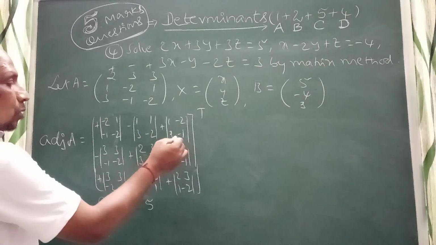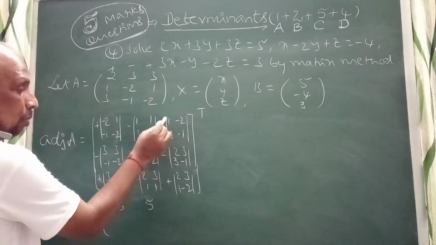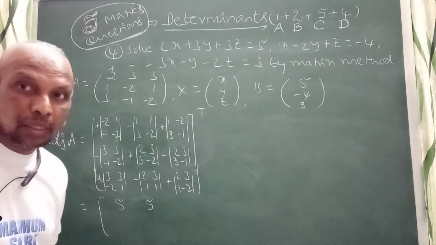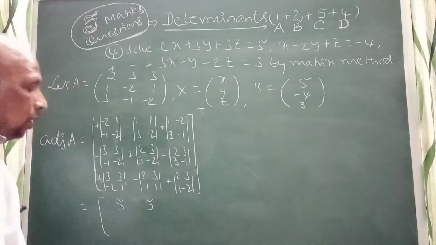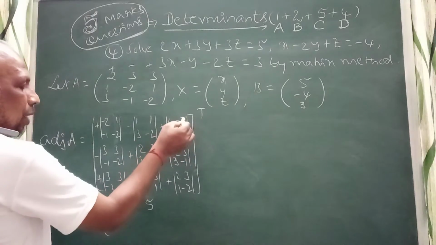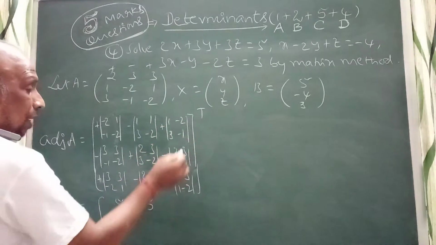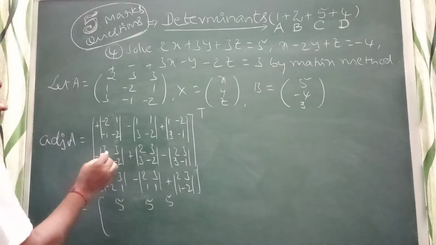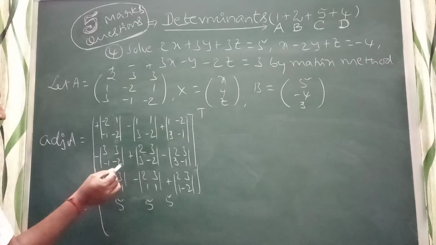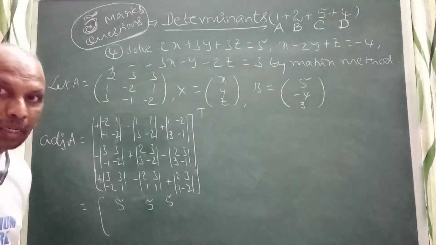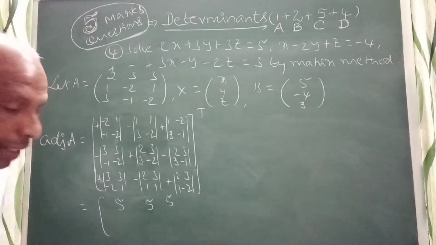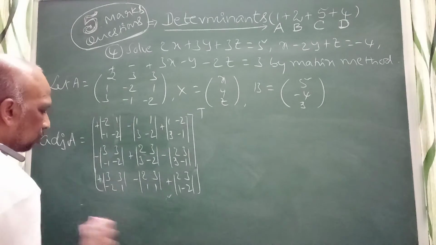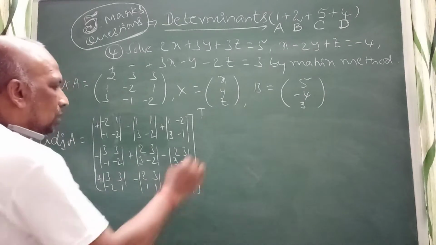This one, minus 1 plus 6, you get 5. This one again, minus of this is minus 6 plus 3. Correct. If you want, I can write all the steps neatly. I can find the adjoint matrix.